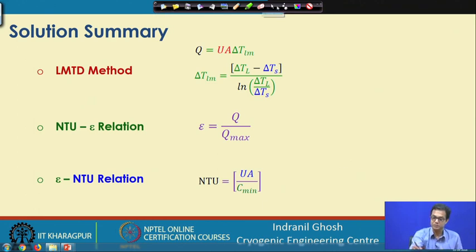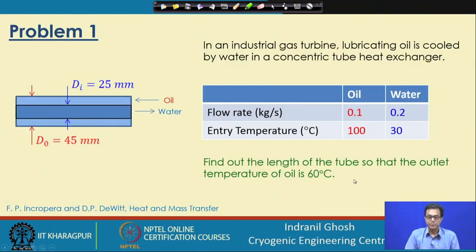In the last class, we tried to solve this problem where there was an industrial gas turbine heat exchanger, and the hot oil was cooled by the water in a concentric tube heat exchanger, and these were the properties which were given.